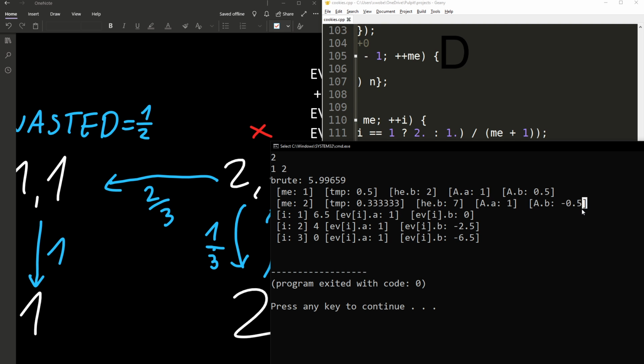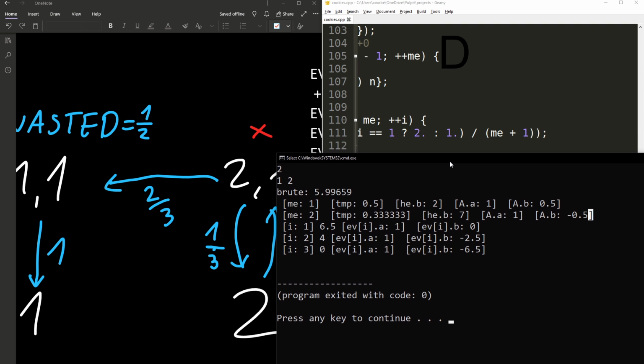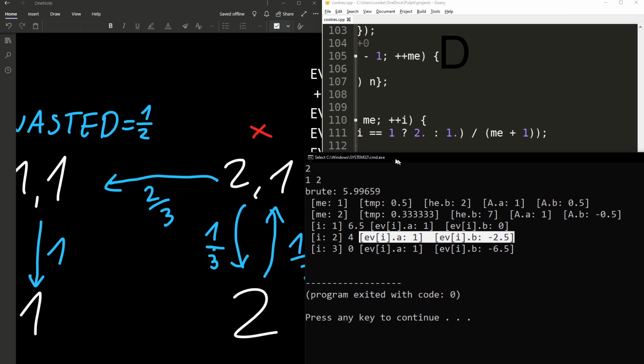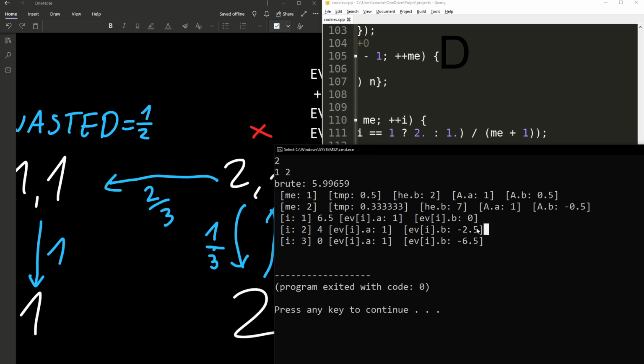This is A, whatever was computed as A. Well, EV of 1, EV of 2. EV of 2 was this, and I checked that it made sense. Then A should be: with probability 1/3 I go down, so I get to this, plus with probability 2/3 I get to that.